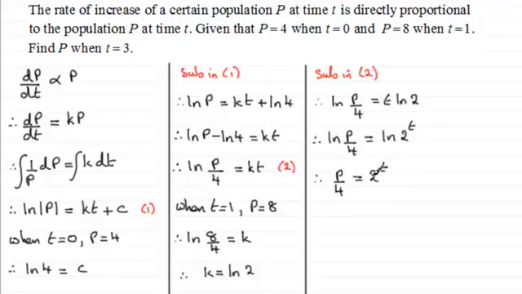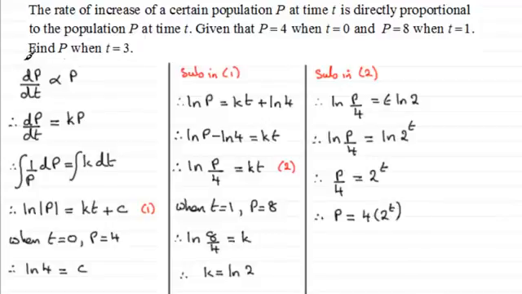And if we multiply through by 4, both sides by 4, we therefore have p equals 4 multiplied by 2 to the power t. It's not 8 to the power t, a common mistake I often find when doing questions like this. Just 4 multiplied by 2 to the power t.